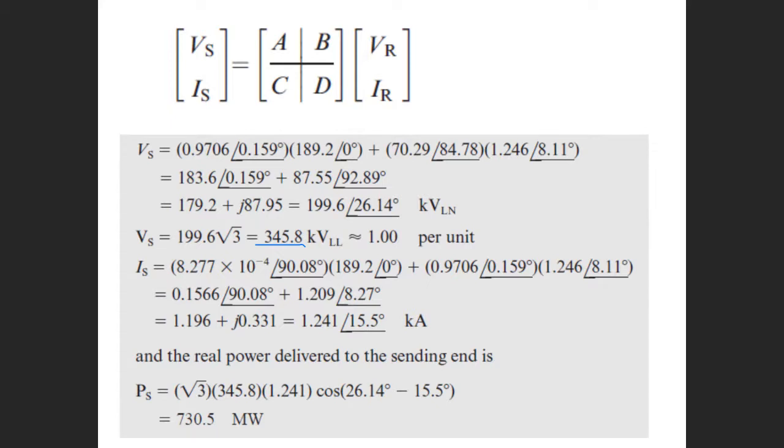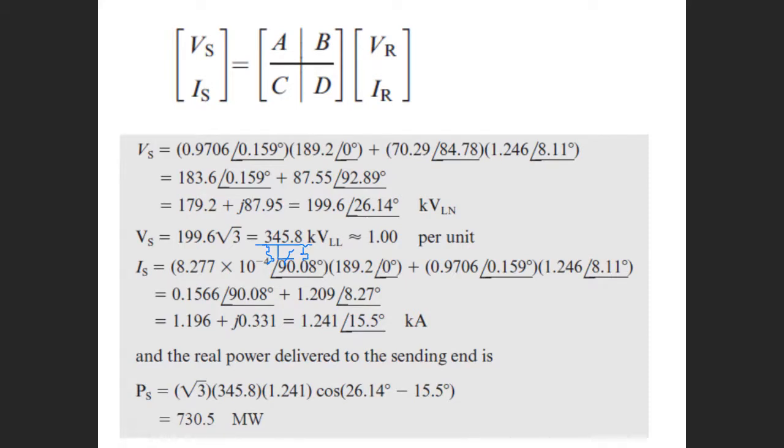It's 345 over 345, line to line. Because this is line to line, you divide line to line over line to line, or line to neutral over line to neutral, to give you the same per unit.